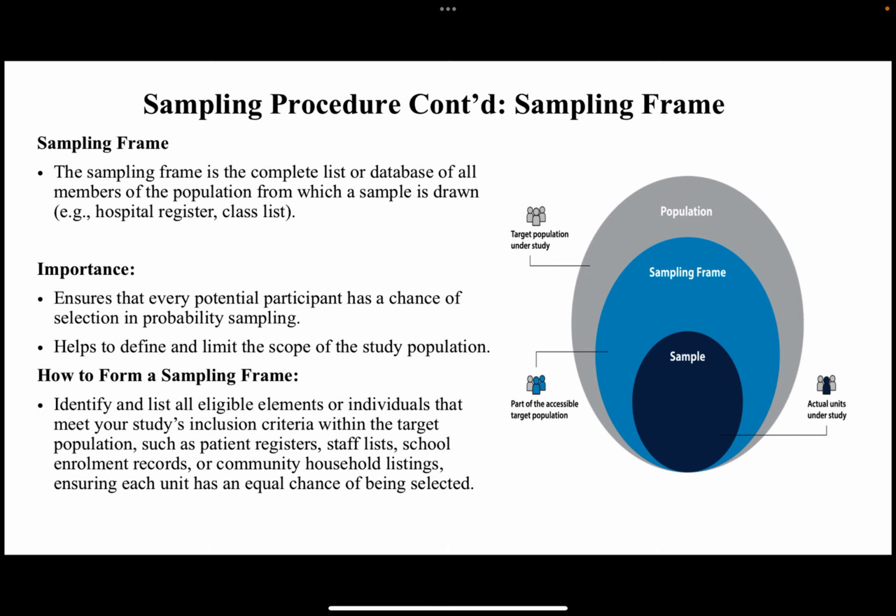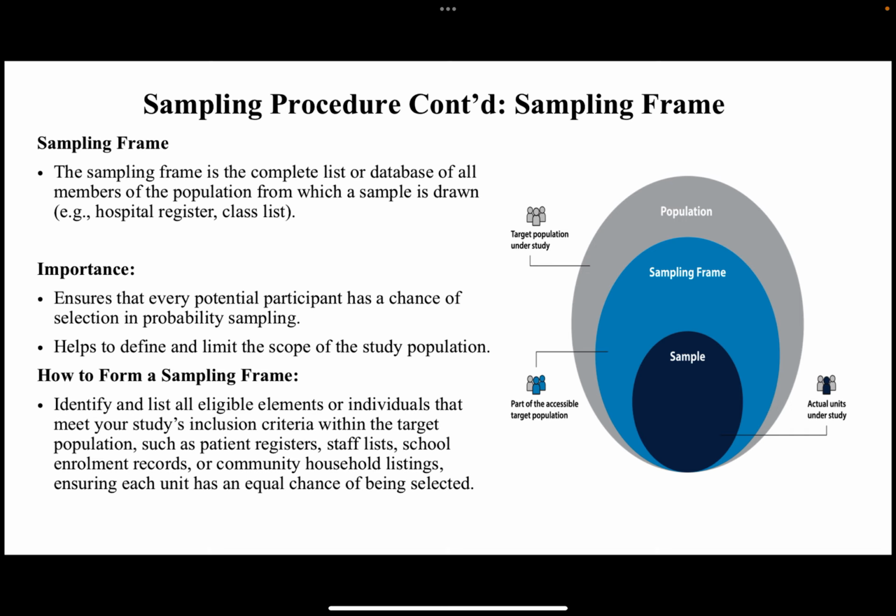Now, the importance of a sampling frame is that it ensures everyone has a chance of selection, especially when you are using probability sampling. Again, a sampling frame can help define the study population clearly. And lastly, a sampling frame also improves accuracy and reduces bias.